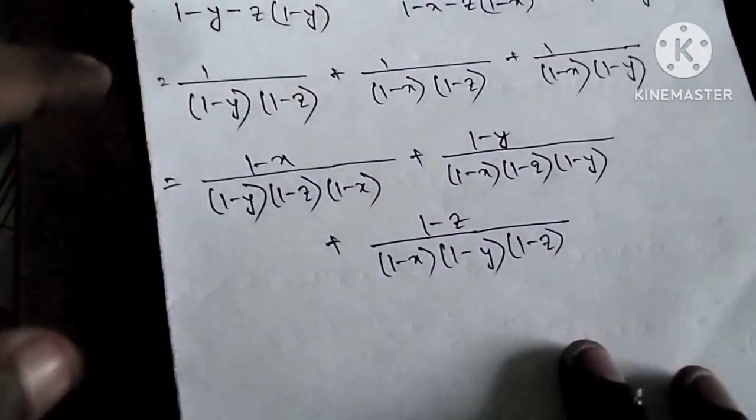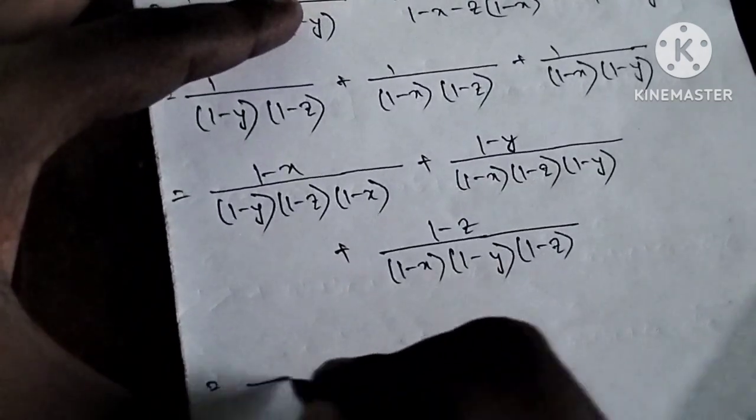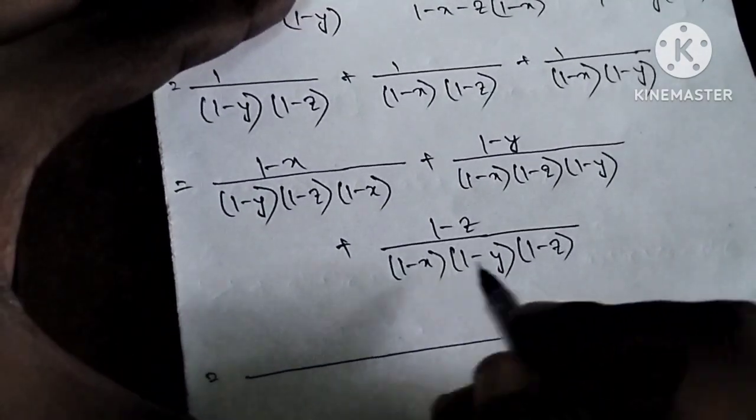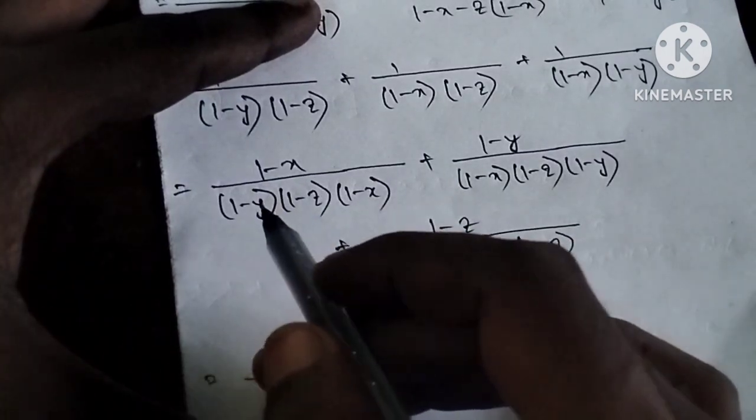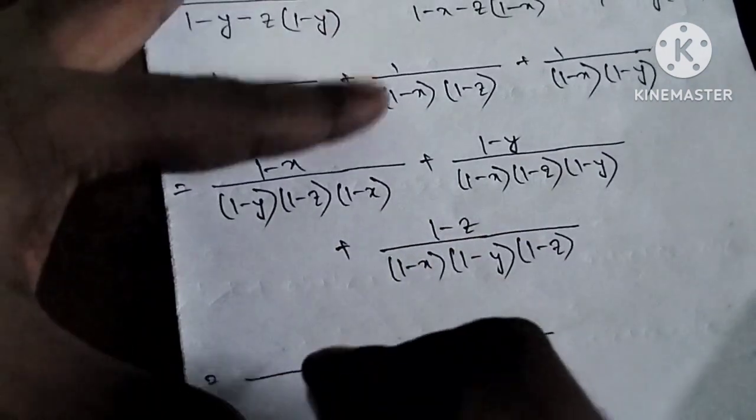So now what will be the LCM? LCM will be 1 minus x, 1 minus y, 1 minus z, as all the terms have these denominators.